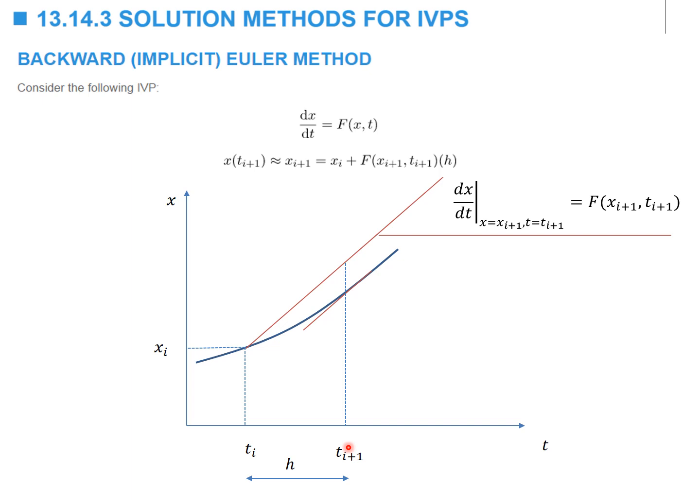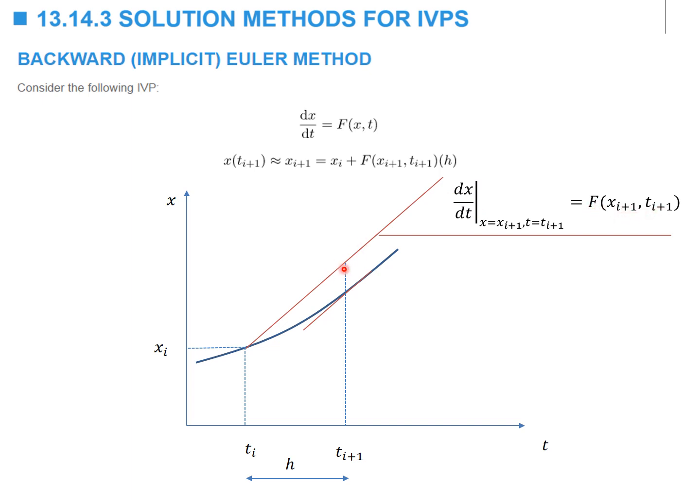So what we're saying is that at ti plus 1 there is a rate, which is the slope of the curve. I'm going to use that slope of the curve to advance from xi. So this is the slope, which is given as a function of xi plus 1 and ti plus 1.